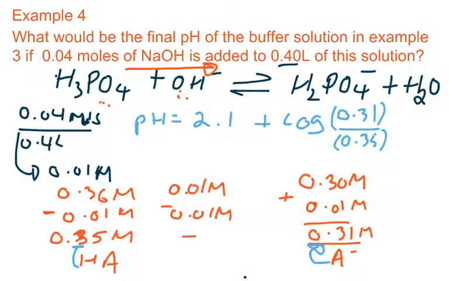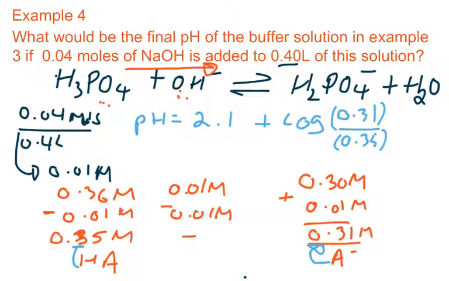Okay, we're almost there. Now what you do next, you do a simple calculation. We have to find what's the log of 0.31 divided by 0.35. So let me do that right now. So log of 0.31 divided by 0.35.